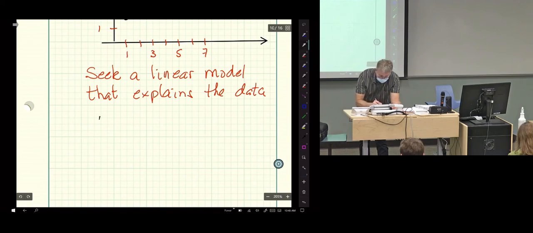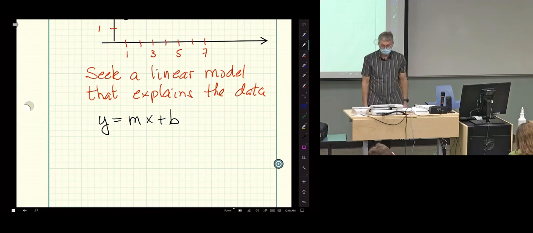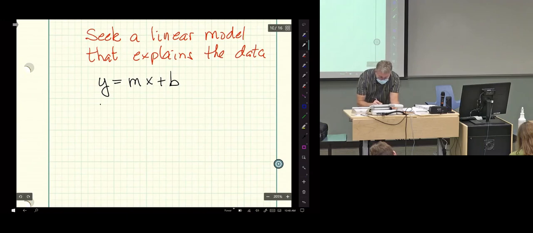Okay. Now, we tend to write those things as y equals mx plus b. So I have 3 data points. yi is m xi plus b.